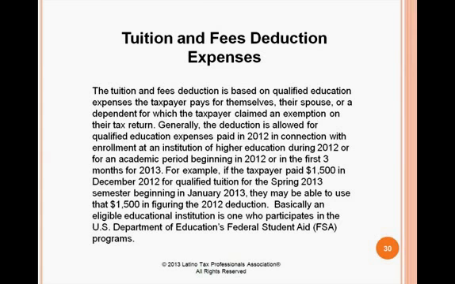The deduction is based on qualified education expenses the taxpayer pays for themselves, their spouse, or a dependent for whom the taxpayer claimed an exemption on their tax return. Generally, the deduction is allowed for qualified education expenses paid in 2012 in connection with enrollment at an institution of higher education during 2012, or for an academic period beginning in 2012 or in the first 3 months of 2013.